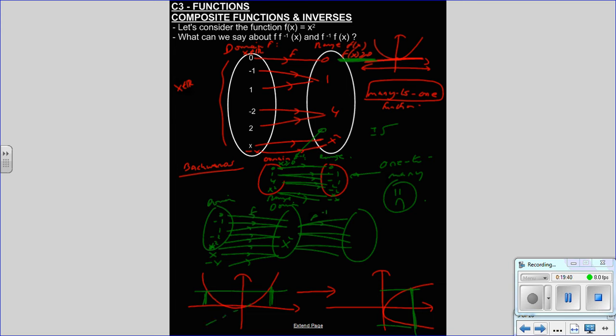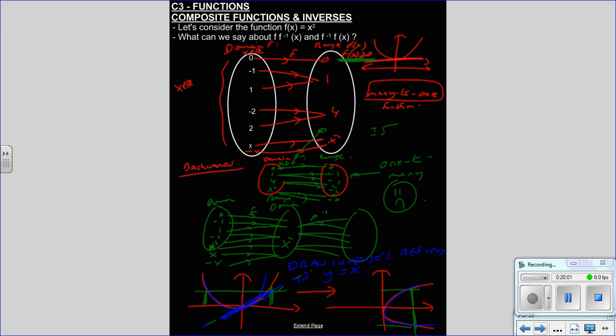Notice, when you draw inverses, this is a really important point, it is a reflection in the line y equals x. This thing has been tilted on its side.